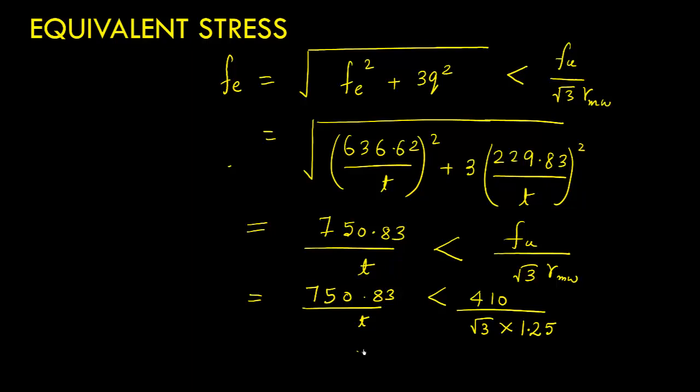So this turns out to be T is greater than 3.96 millimeter. In this case, T is the throat thickness. Once I know the throat thickness, we can also calculate the belt size. The belt size and throat thickness are related using this formula. In this case, K is a constant, and if I have two plates that are perpendicular, or in other words, the joining faces are perpendicular, this value is 0.7.